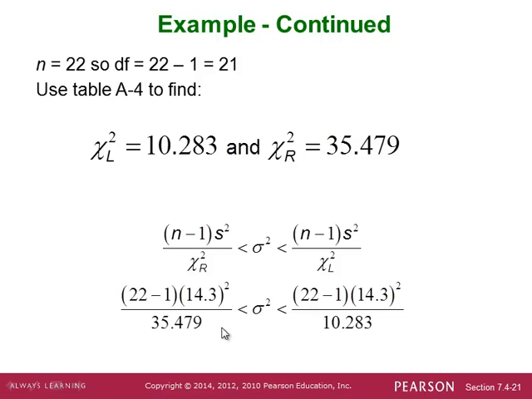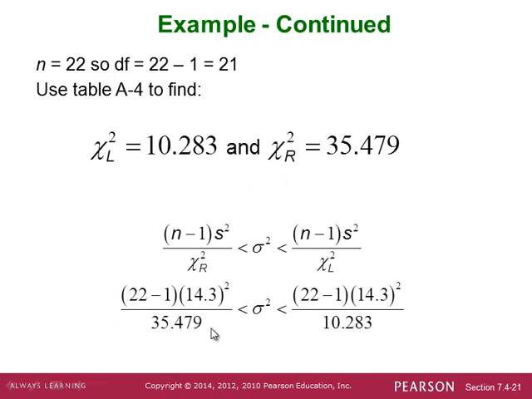So we will square that to get S squared, both for the left and right limits. Now, we had already found our right critical value, 35.479. We'll put that in the denominator for the left limit, and likewise we'll put in chi-square sub L for the denominator in our right limit that you see here.